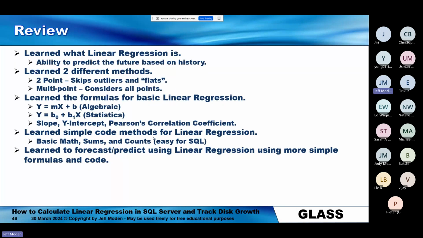The second section calculated all the sum X, Y, those types of sums. And then the third section just did the formulas based on those. We learned to manipulate the Y equals MX plus B to help forecast some of our linear regression so that we can figure out, okay, our hard disk is going to run out of space on this date.